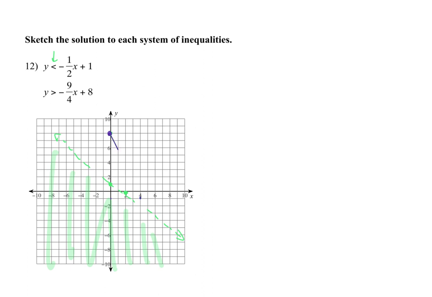That is also a dashed line, but we are going to graph above it. And so this is below. It's above this guy right here, which means this little tiny wedge is going to be our answer.